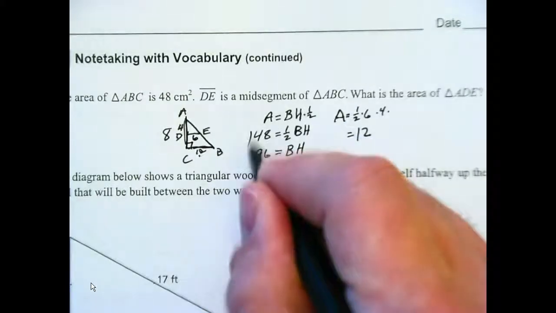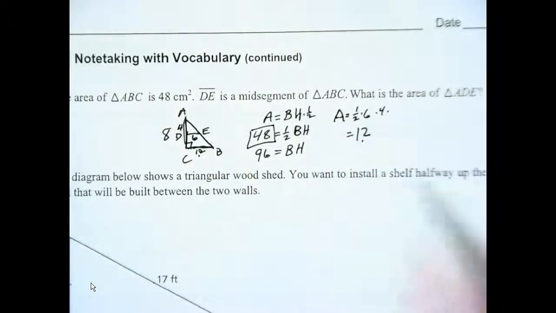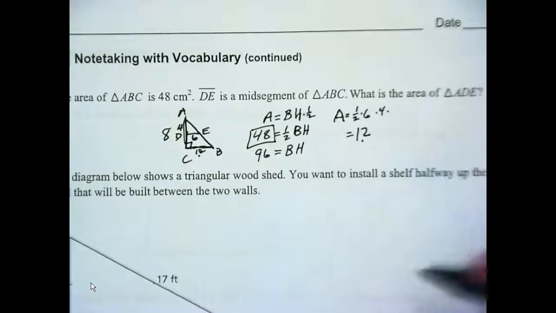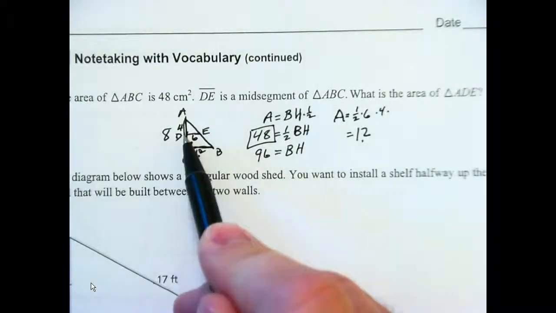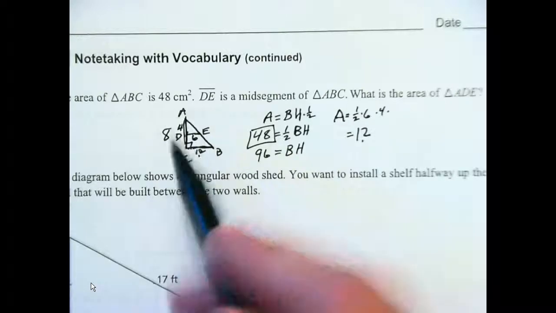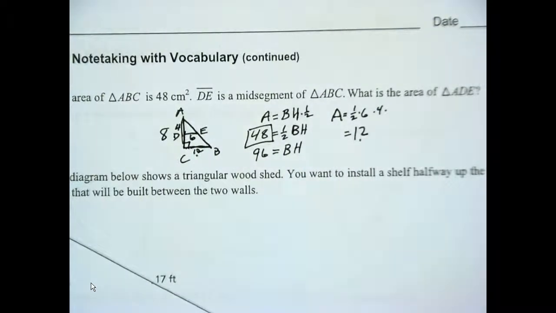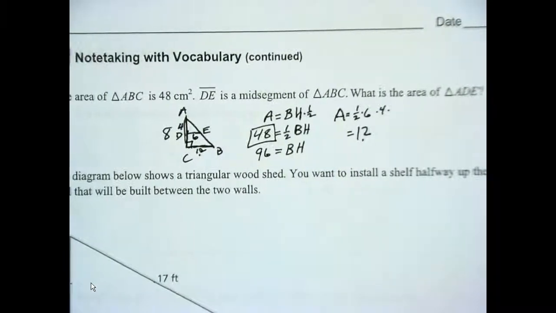So that is 1/4 of 48. You're cutting two of your dimensions in half, so you have to divide by 2 twice, or divide by 4. Good question. Other questions?